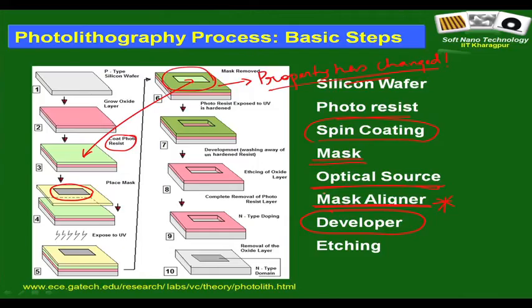Upon exposure, the parts of the photoresist which have been exposed might either have strengthened or weakened. That is not the important thing, but when you put an exposed photoresist layer in a developer solution, the role of the developer is to remove the weaker part of the film, and that is very interesting.